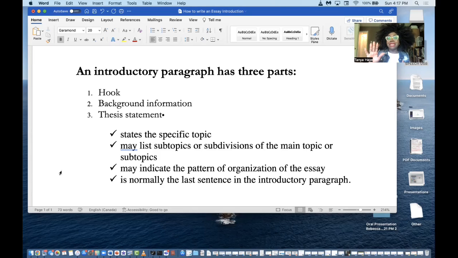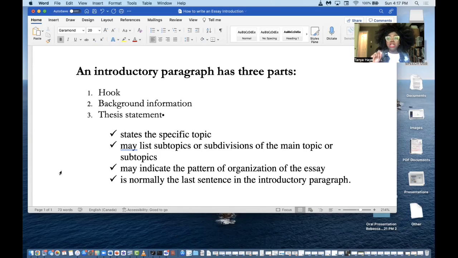And the thesis statement is usually the last or the second to last sentence in the introduction. It usually tells us a topic. It tells us your opinion of the topic. And it usually either gives us something about the subdivisions of the main topic or just a pattern of organization. But that part is optional.